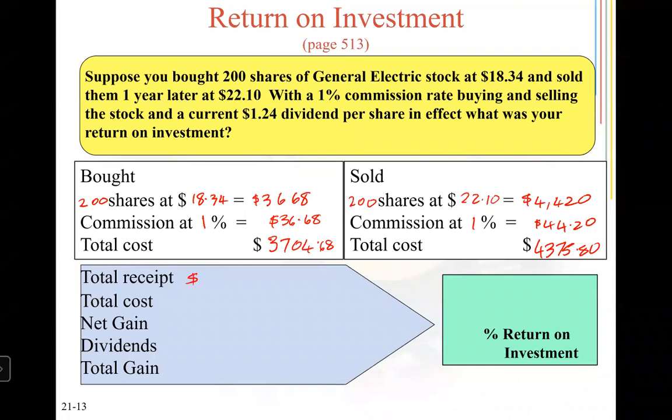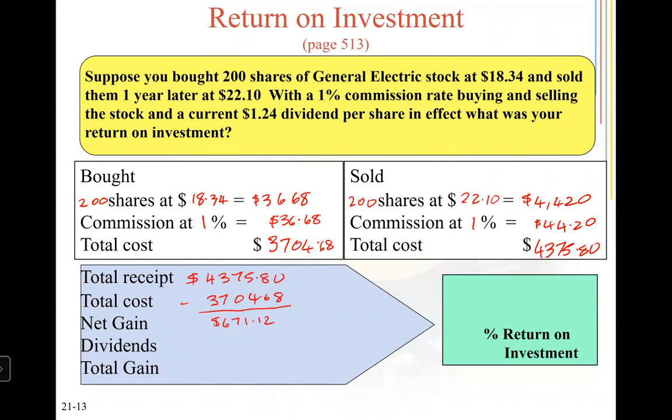So for total receipts, I have the 4,375.80 subtracted by the 3,704.68, which gave me a total of $671.12.